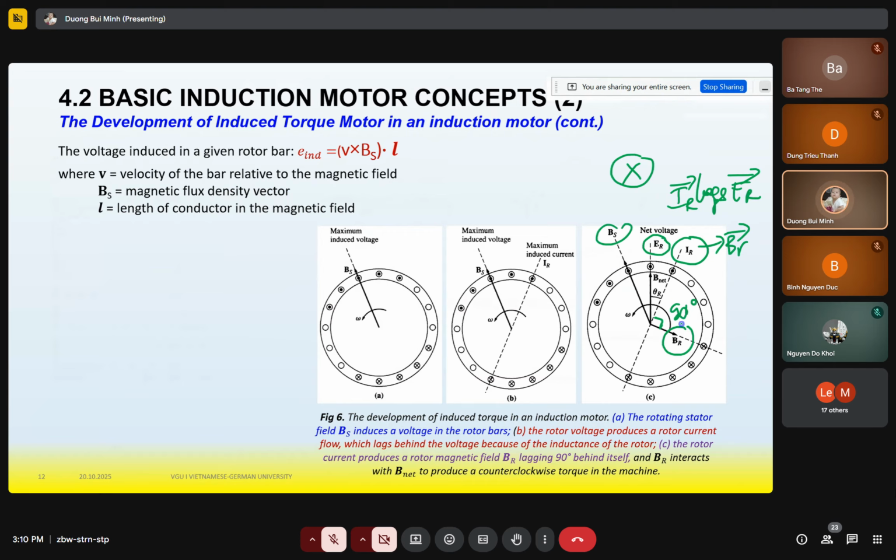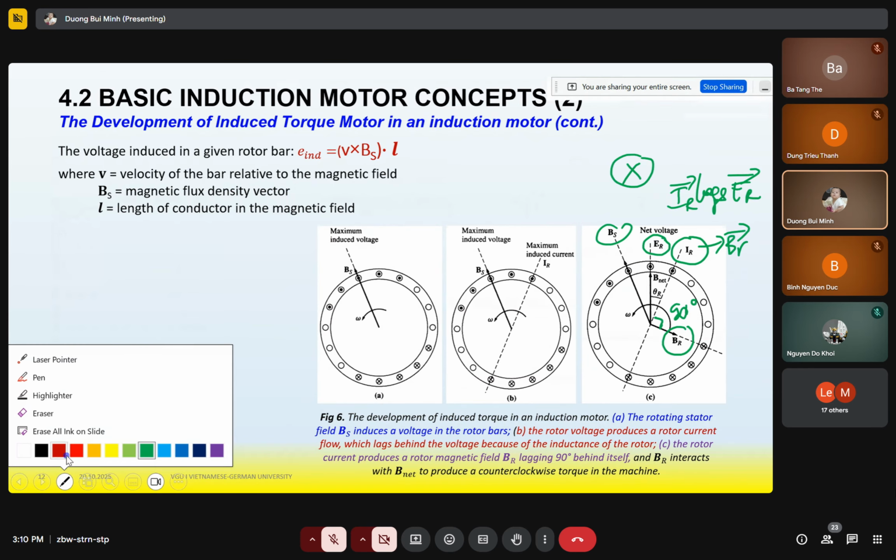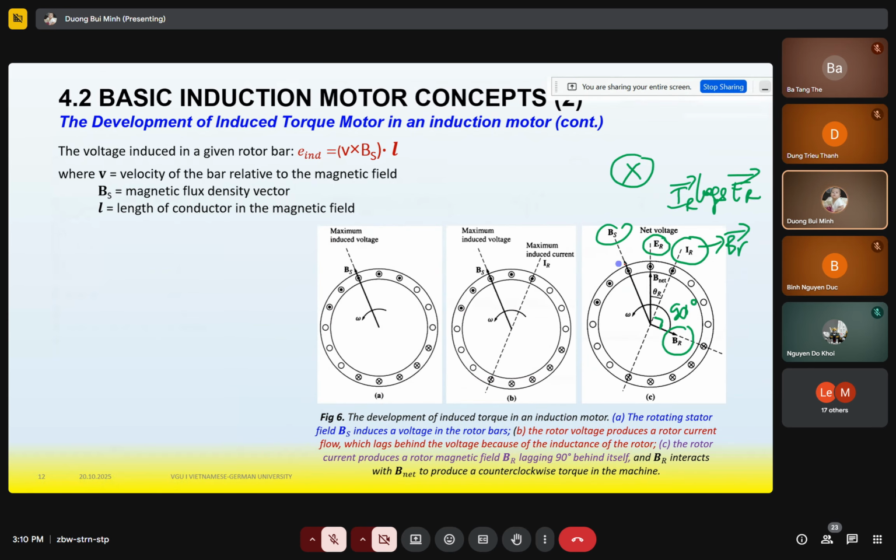Now we have B_S and B_R, so we can get B_net. And we can calculate the induced torque as k B_R cross B_S.